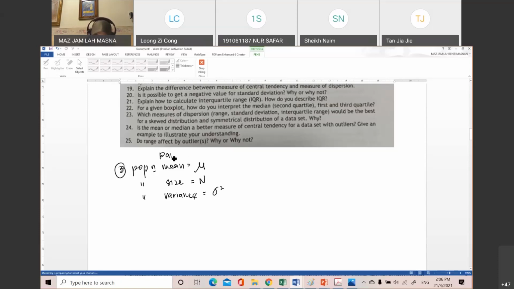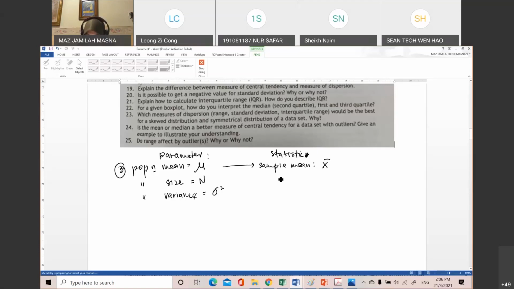What about statistic? What about sample? What is it about sample that we call statistic? It's the numerical summary of your sample. For example, if you are talking about sample mean, we are talking about X bar.